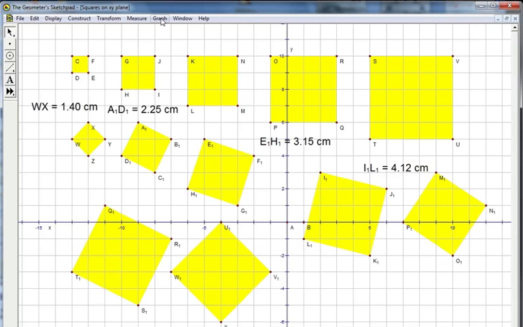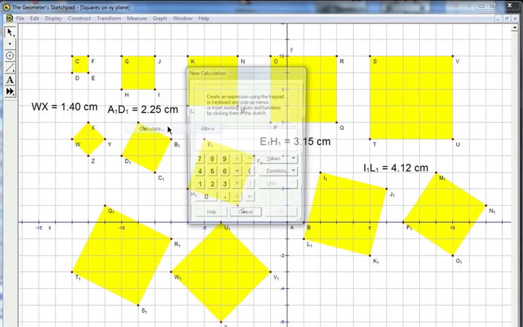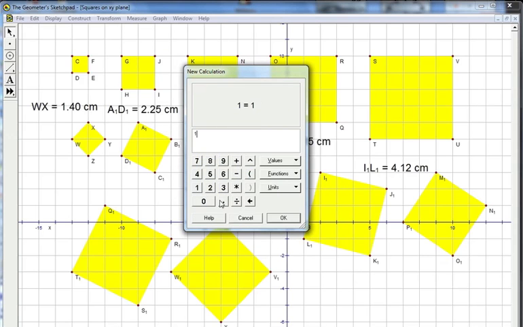We can check that by finding 1.4 times 1.4. 1.4 to the second power is 1.96. We had found that the area of this is 2. So 1.96 is approximately 2.